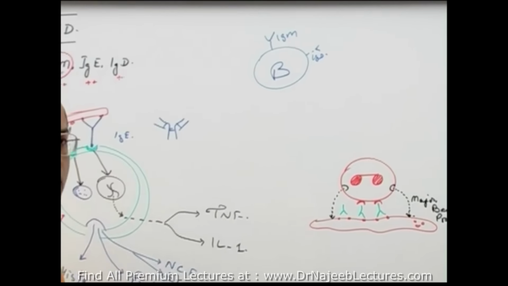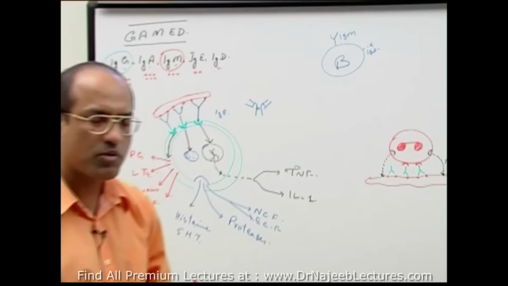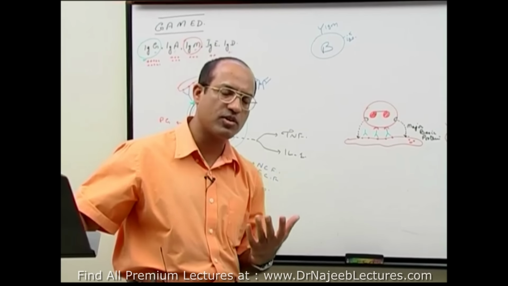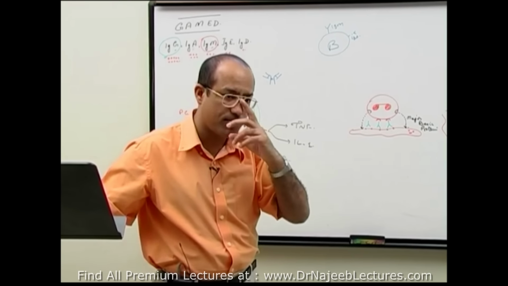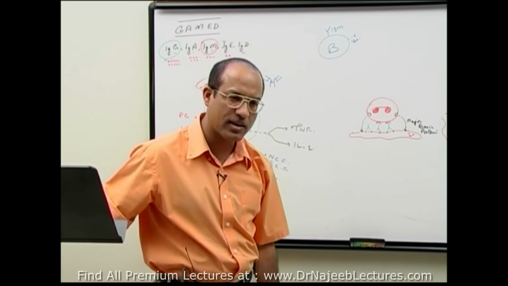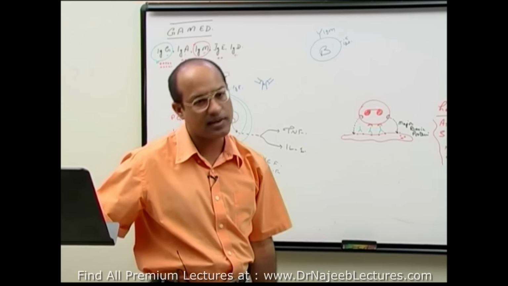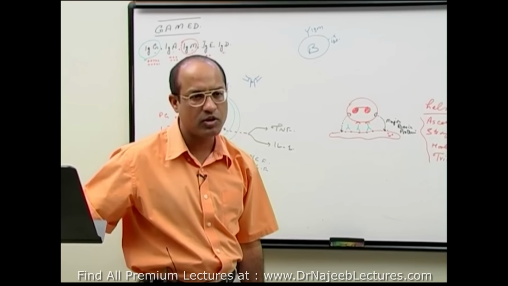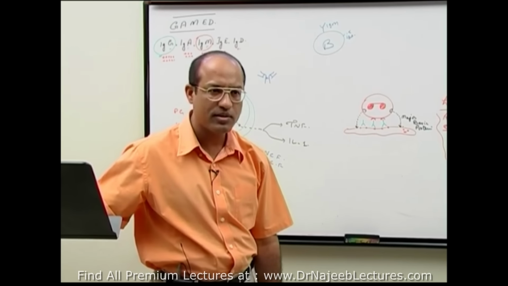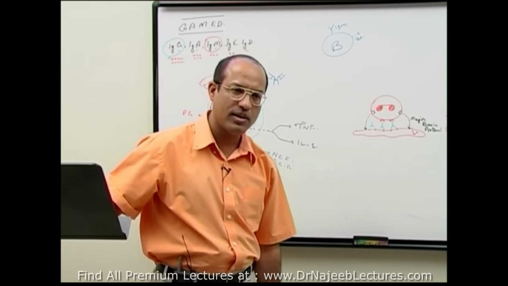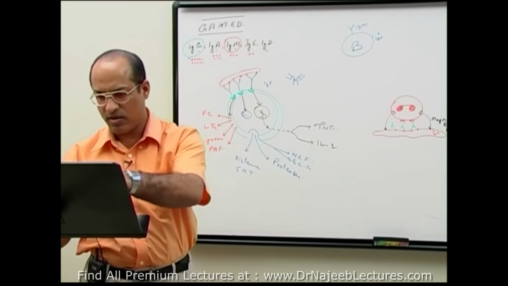So IgM and IgD are present in monomeric form, expressed on the surface of the B lymphocytes, and they act as receptors for the antigens. So B cell receptors, or BCRs, are mainly IgM, and some of them are IgD. Is that right?